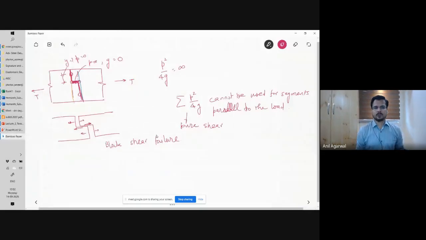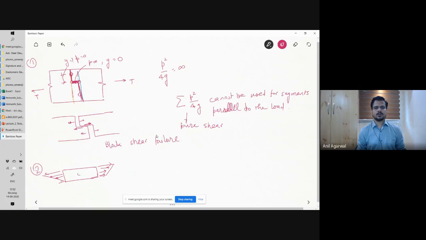The other limitation of this formula is it does not work as beautifully when you have non-uniform stresses. You have a plate, but my stresses are non-uniform, for whatever reason.